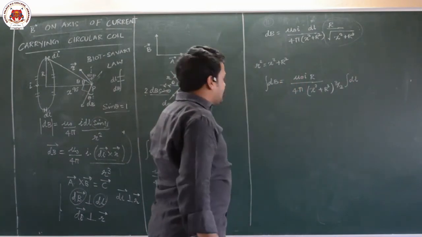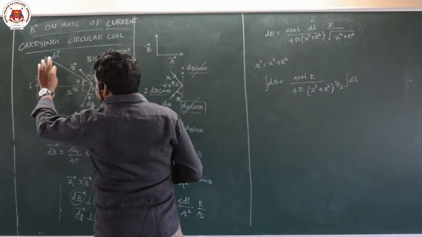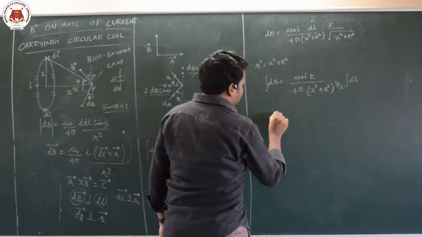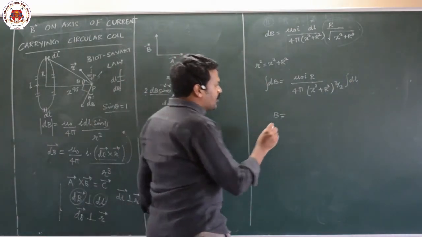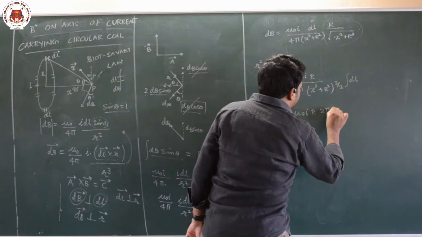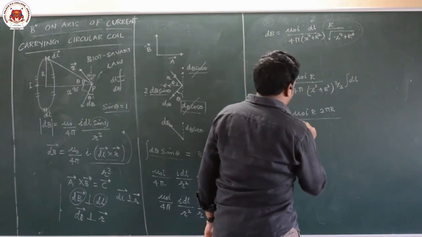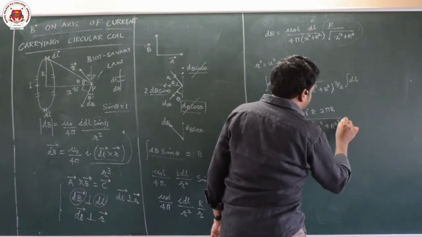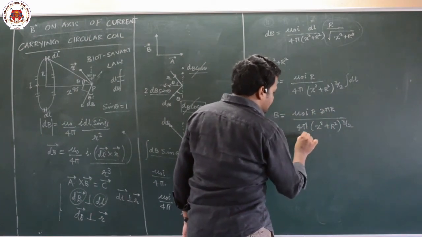Now do the integration. The maximum possible value of the integral of dl is 2πR, because if you add all the small parts, you get the total circumference of the circle. So in place of dl you can write 2πR.